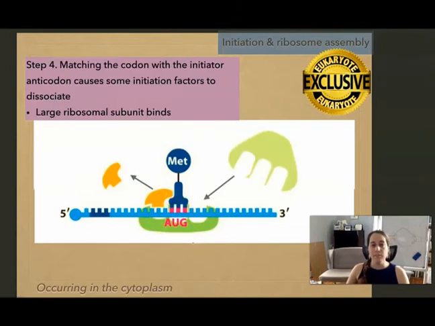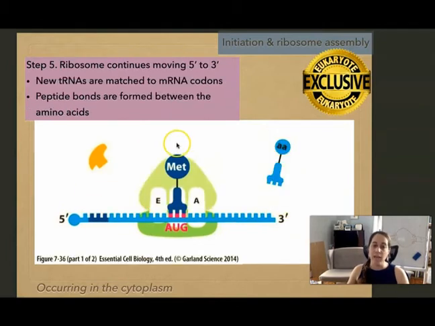And this triggers the release of the translation initiation factor and the recruitment or the binding of the large ribosomal subunit. And so at the end here, we're going to have the large and the small subunits bound to the mRNA. The AUG is in that P site, and the methionine tRNA is also at the P site.